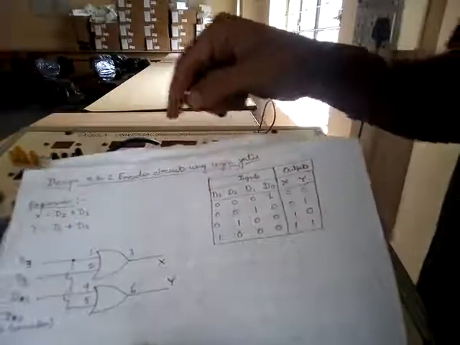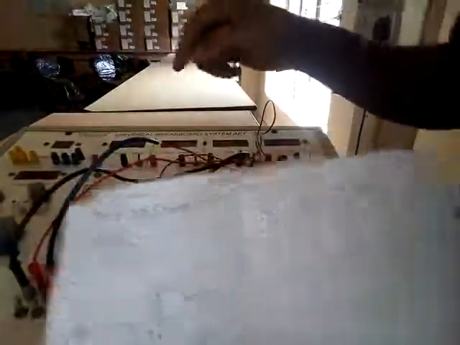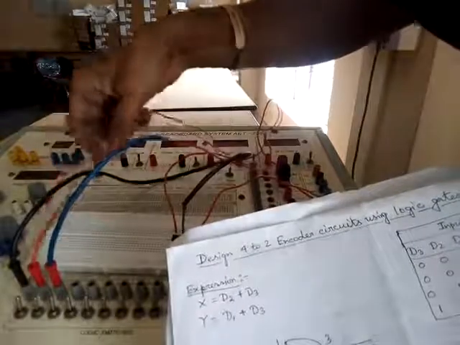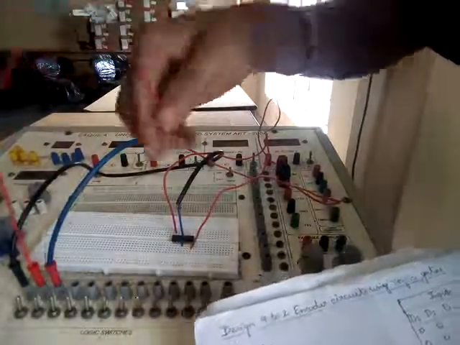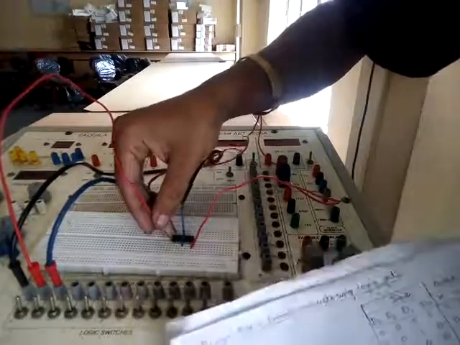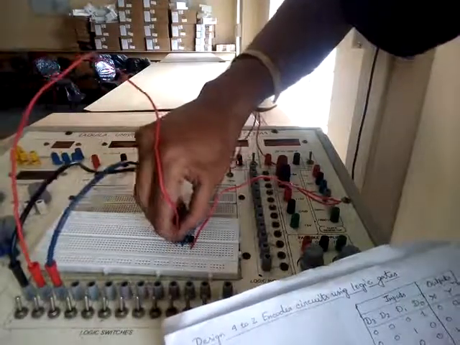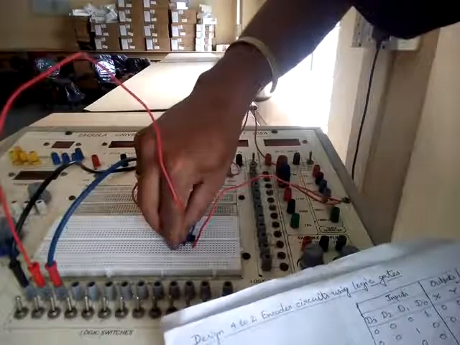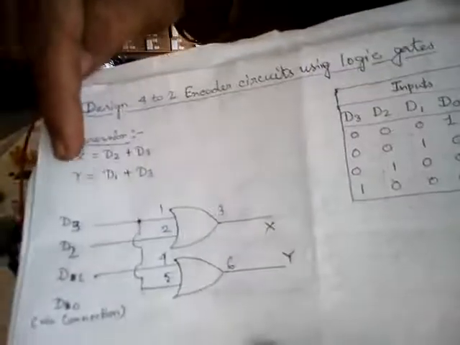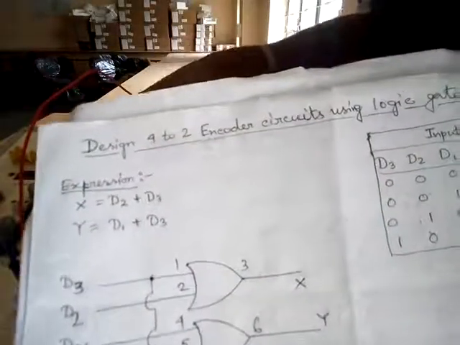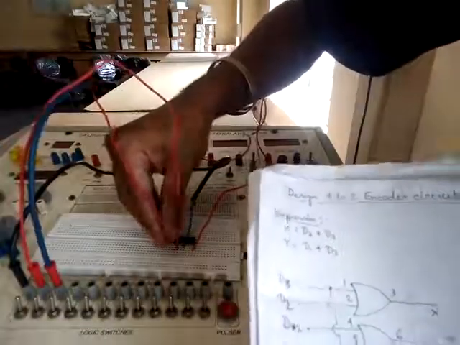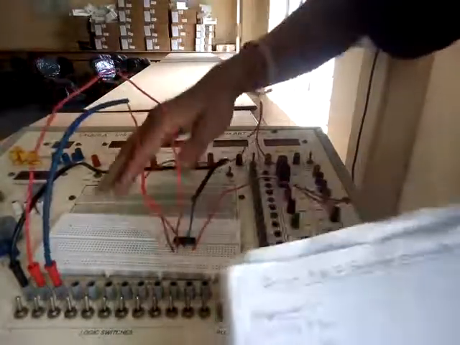Next, D2. Second input D2 is connected to pin number 2. Next D3 is connected to pin number 1.